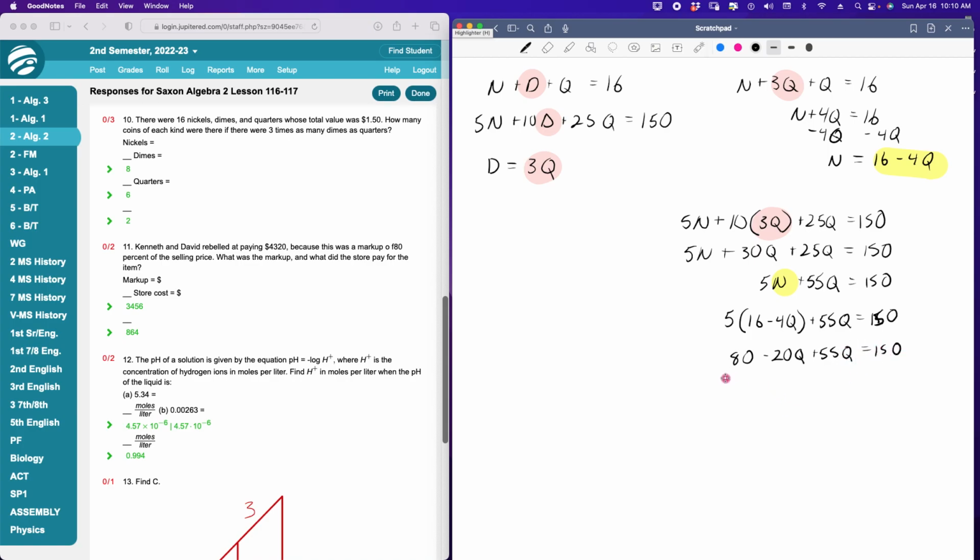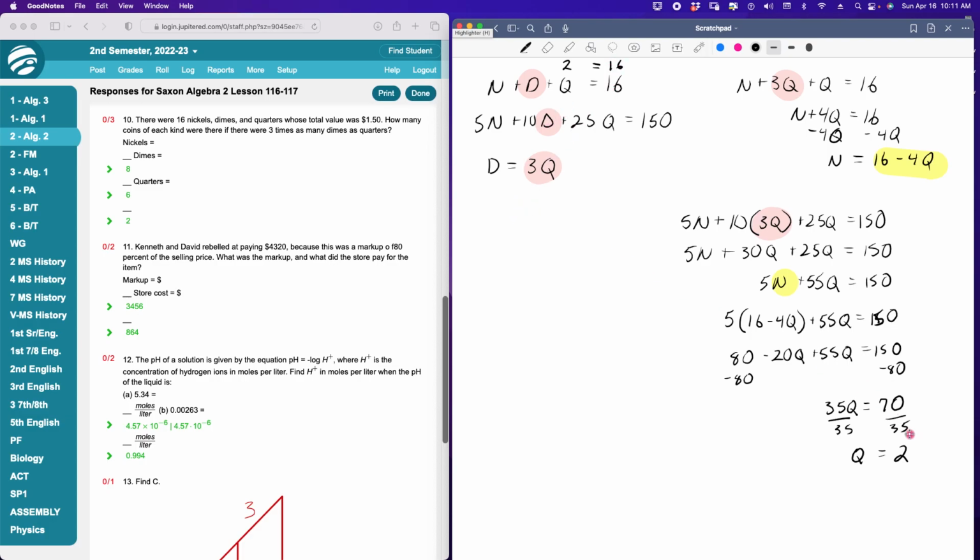All right, so if I subtract 80 from both sides, and then I combine these two terms, what I get is 35q is equal to 70. If I divide both sides by 35, q is equal to 2. So now I have a value for q, and I'm going to write that right above the q.